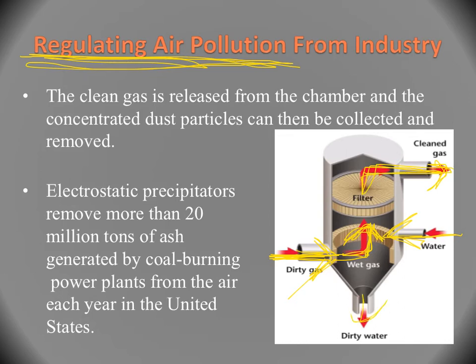Dirty water goes down to be purified. The wet gas goes up through this filter, and other harmful chemicals are taken out by the filter, and then the clean gas gets released to the air.